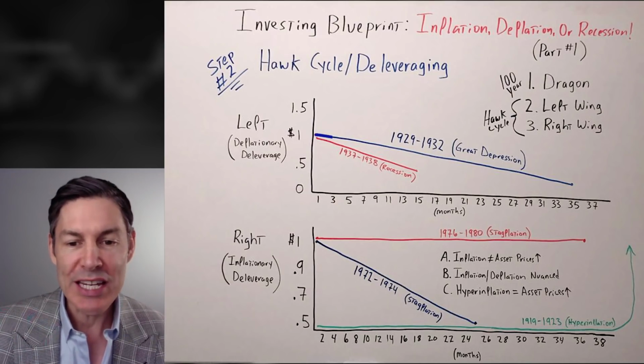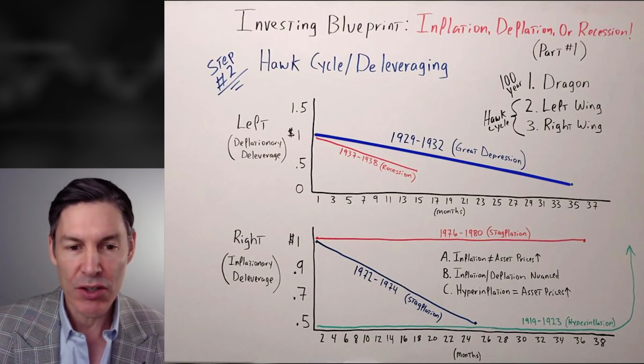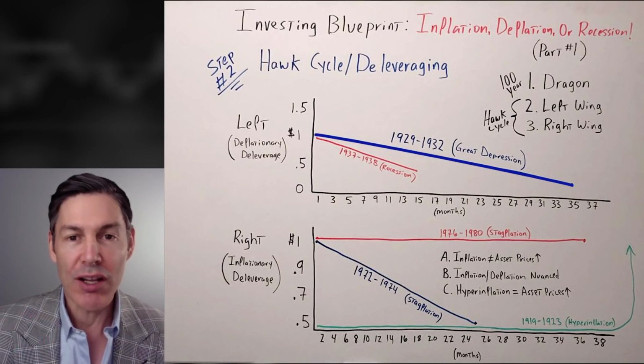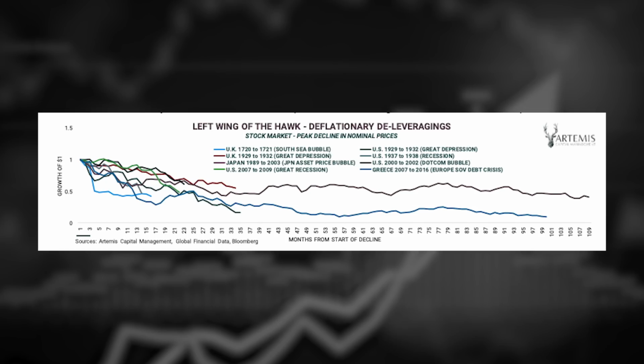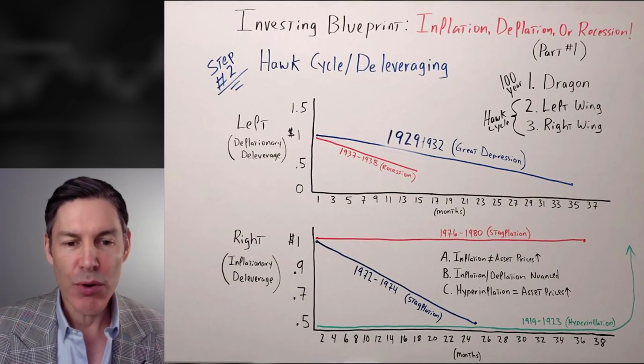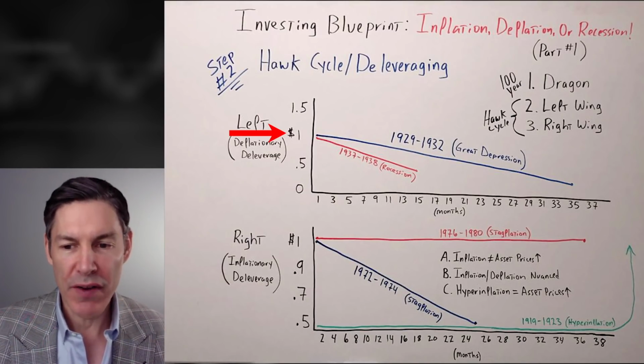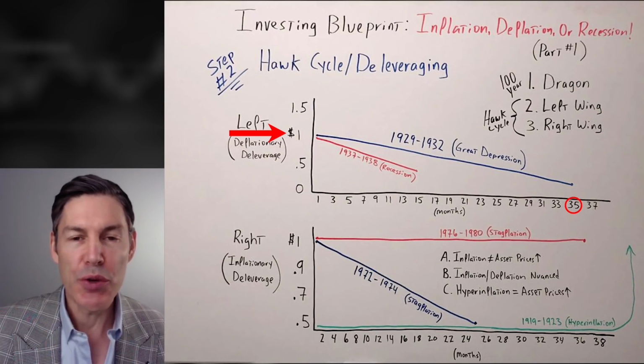We'll start with 1929 to 1932, and I've made this chart a lot simpler than Chris Cole's. He follows it exactly. So editor, throw that up. You can see how it goes up, down, up, down. A little tough to read, so I just made it a straight line. In 1929, if you would have had $1 invested, 35 months later, that dollar would have been down to 50%.